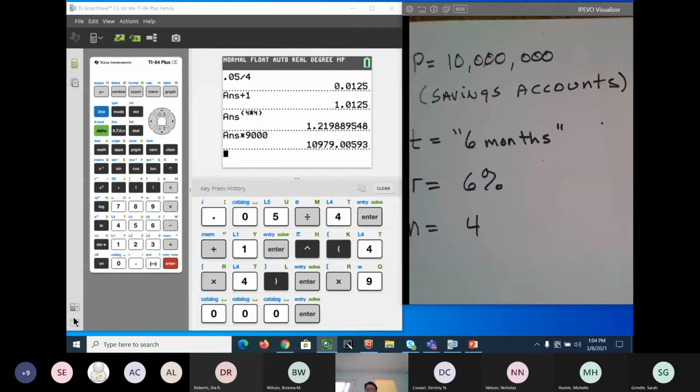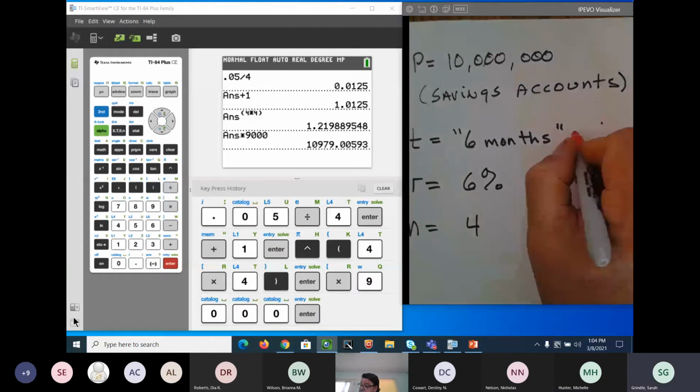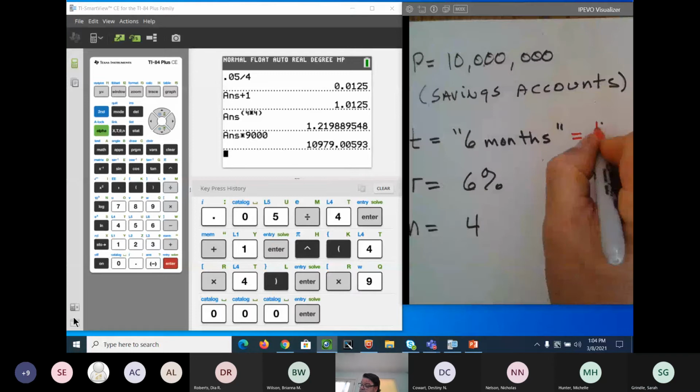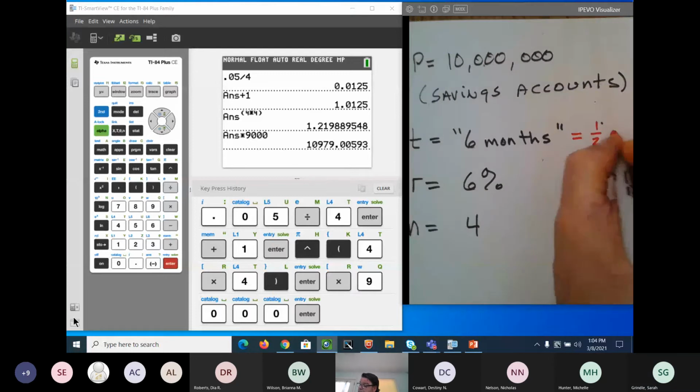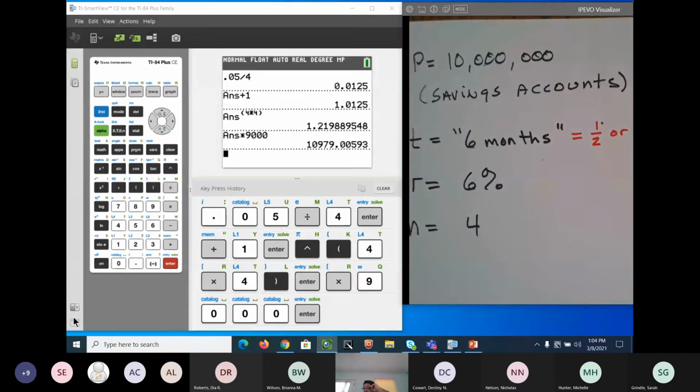Now I want somebody to tell me what T is going to be equal to. Of course, I just told you that about 2 problems ago. What is T going to be equal to? 1/2 or point what? 0.5. Now, do it.